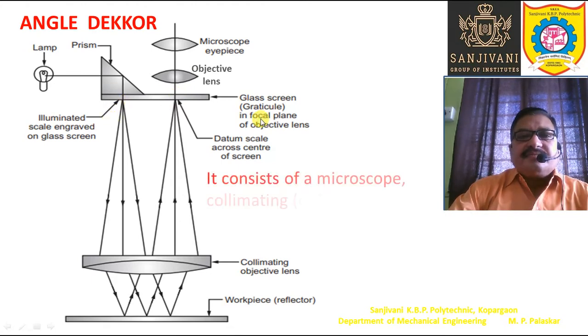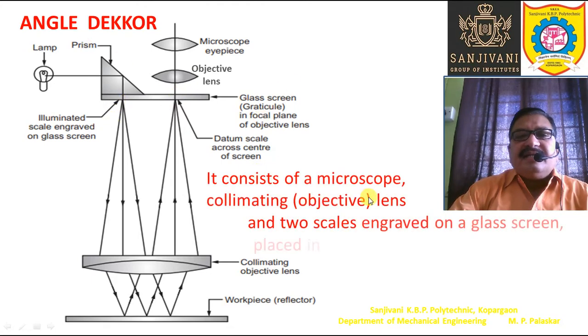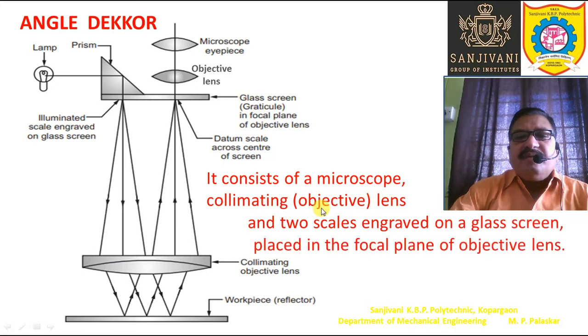Now the angle decker consists of a microscope, a collimating objective lens, and two scales engraved on a glass screen. So this is a microscope, this is a collimating objective lens, and this is a glass screen.